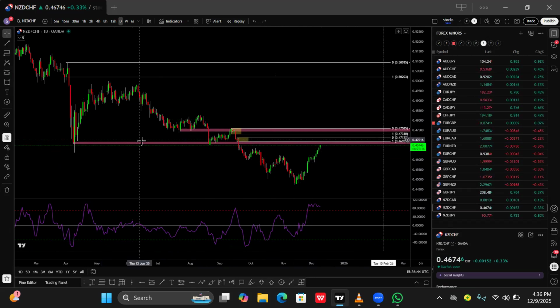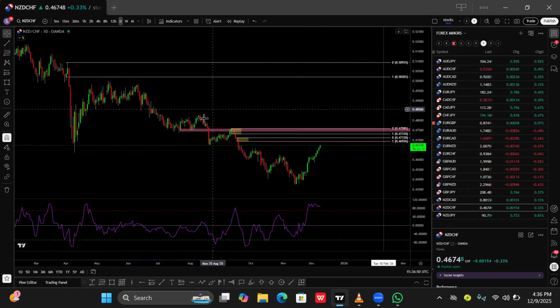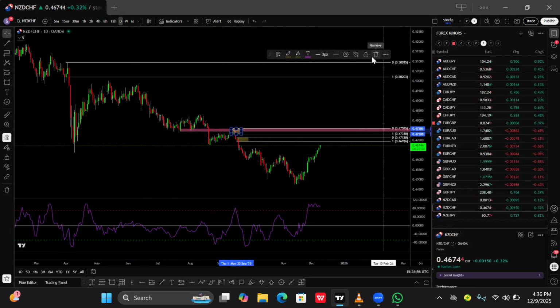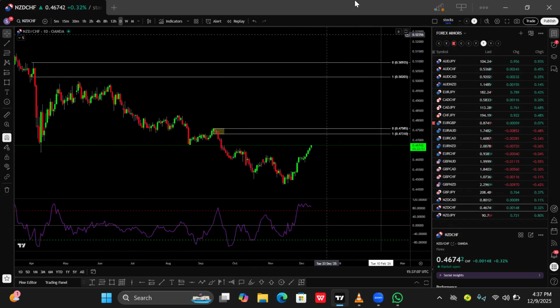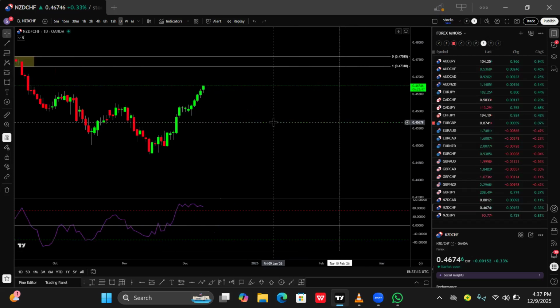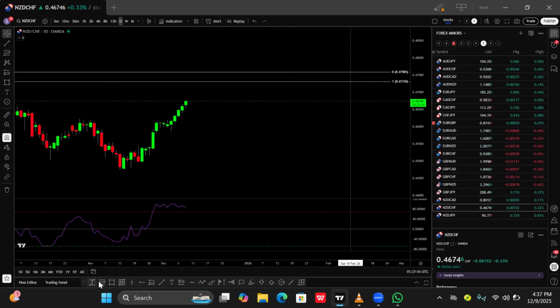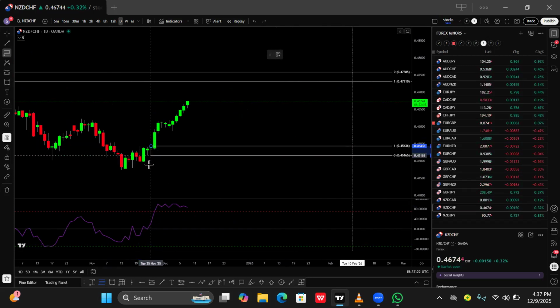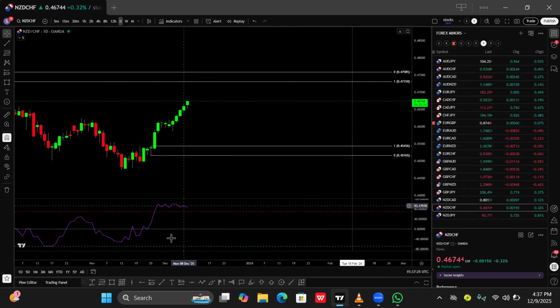So I'm gonna start taking off any levels of resistance and supply, and I'm only gonna start looking for demand zones to trade off of, because this currency pair looks like it's actually changed trend due to the recent forward guidance from the Bank of New Zealand. So instead of looking for supply, I'm now going to look for demand zones to buy from. So if I get a pullback into this zone, that would be nice.